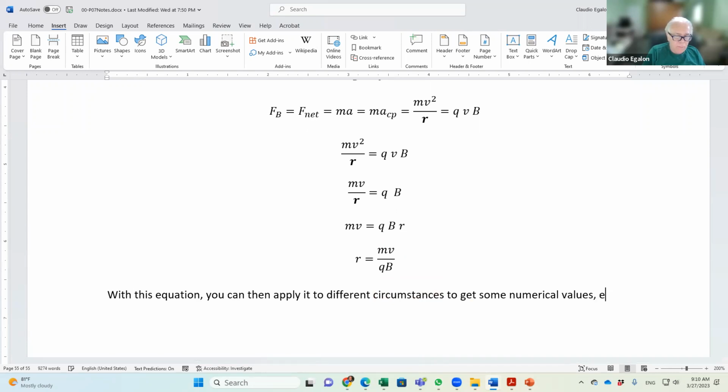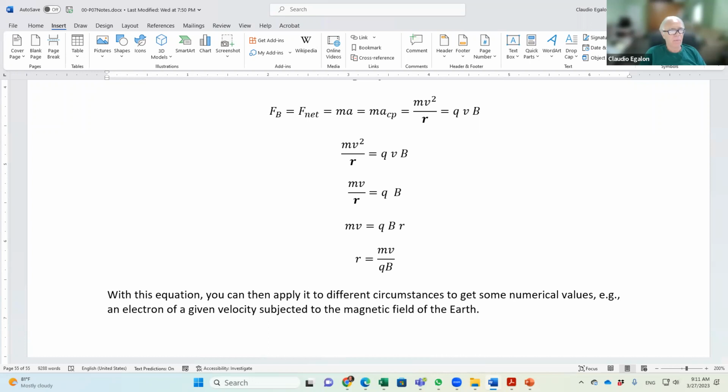For instance, an electron of a given velocity subjected to the magnetic field of the Earth.